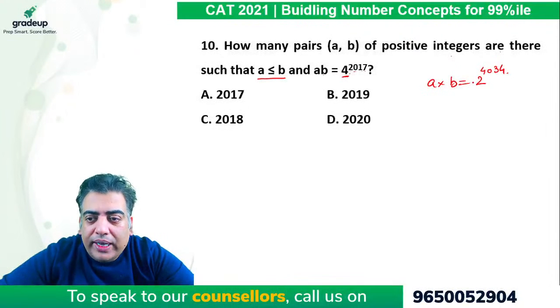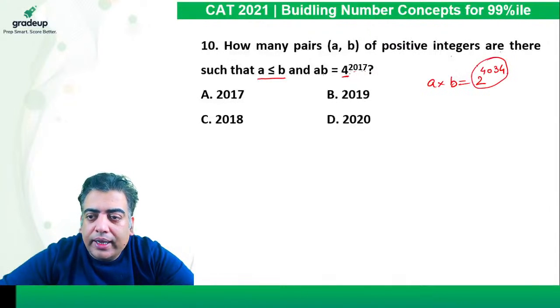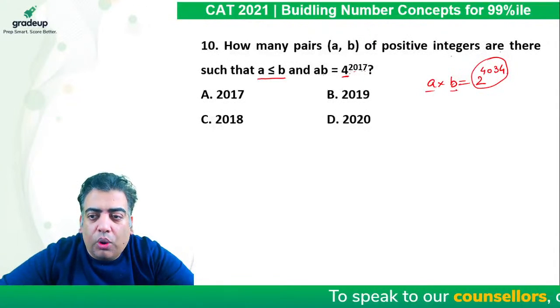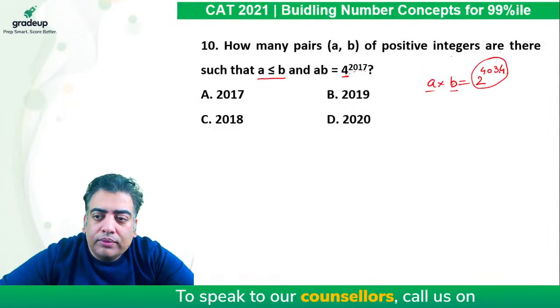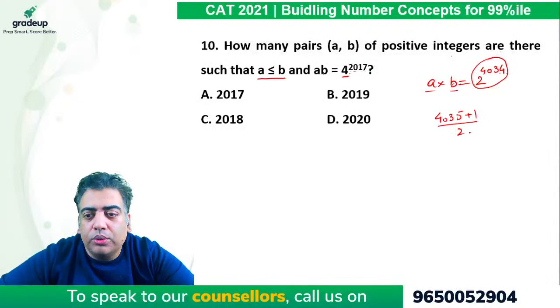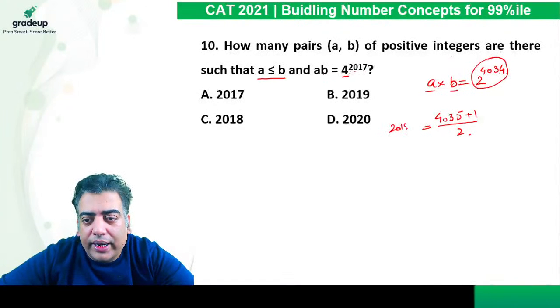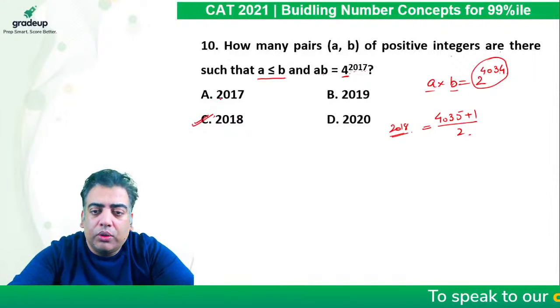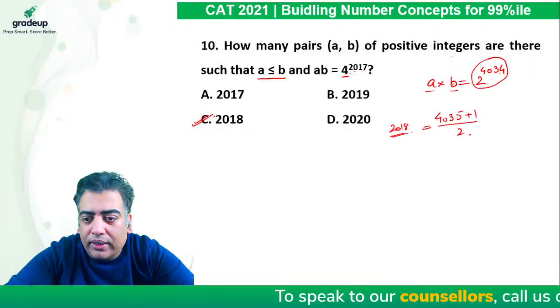And the number of ways in which a given number can be expressed as a product of two numbers is always equivalent to the total number of factors, which is 4035 plus 1, divided by 2. So on solving this, the answer comes out to be 2018, and we discussed this question a couple of days ago also in my class of factors.